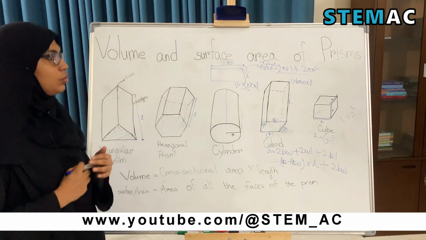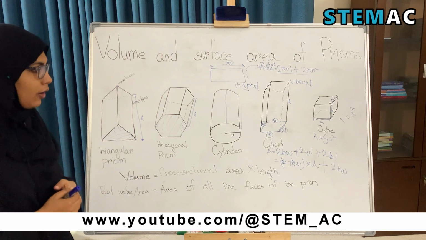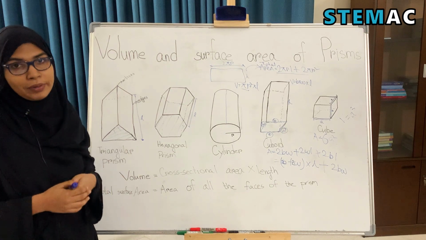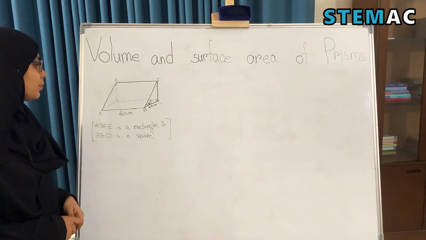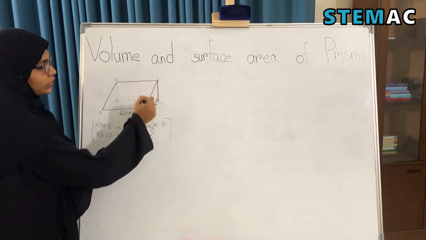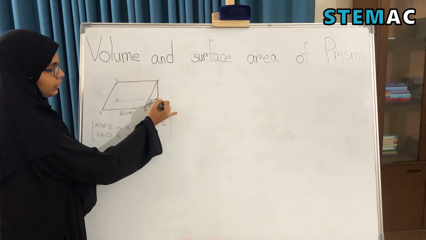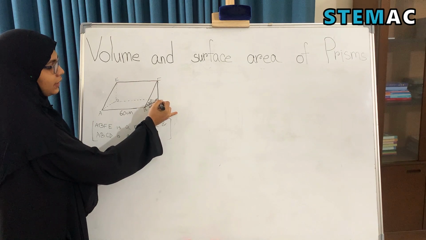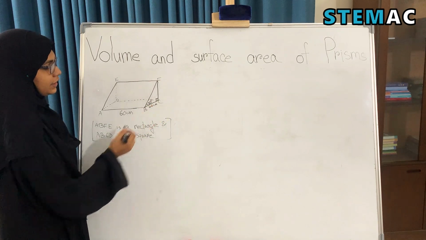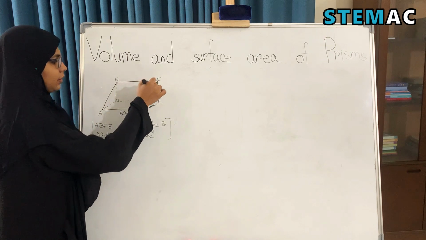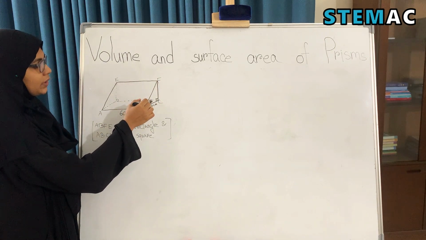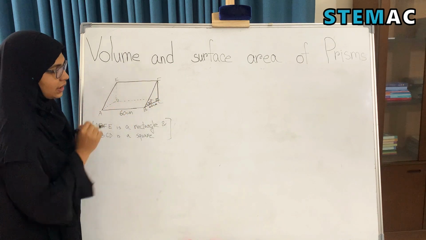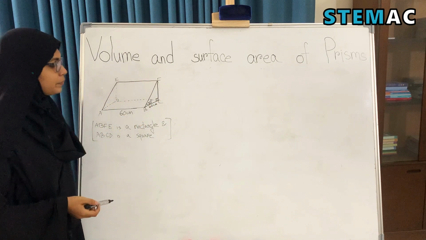Now we will do one exercise on finding the volume and area of a prism. Here it's a triangular prism. It's a right angle triangle, as there's a sign which indicates that it's 90 degrees, and BFC is a triangle, so the angle BCF is 90 degrees.